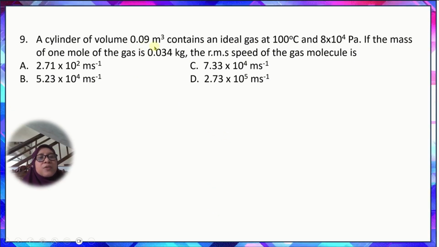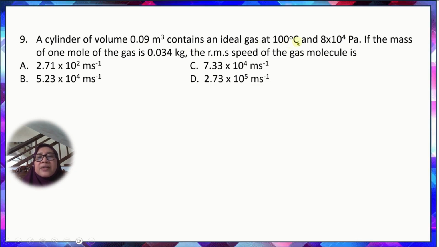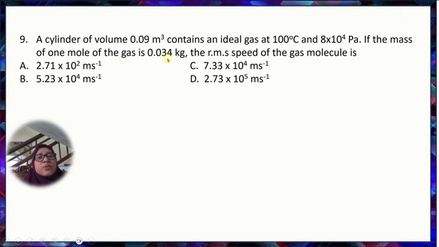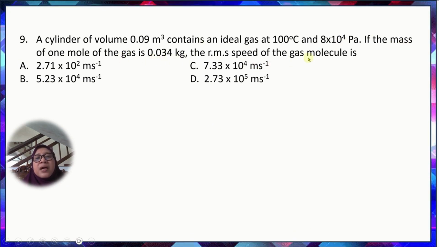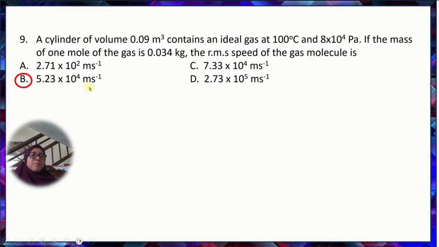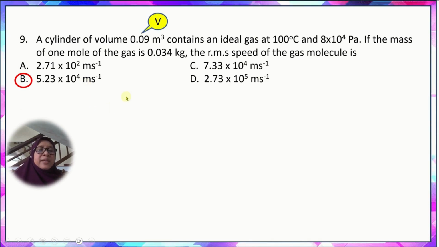A cylinder of volume 0.09 meter cubed contains an ideal gas at 100 degrees Celsius and 8 times 10 to the power 4 Pascal. If the mass of 1 mole of the gas is 0.034 kilogram, the r.m.s speed of the gas molecule is, so the answer is B, 5.23 times 10 to the power of 4 meter per second. So how do we get this answer?